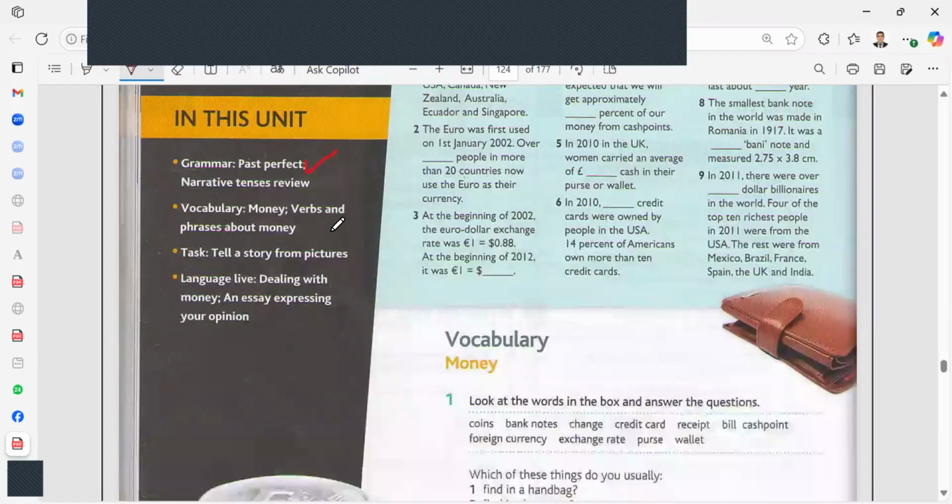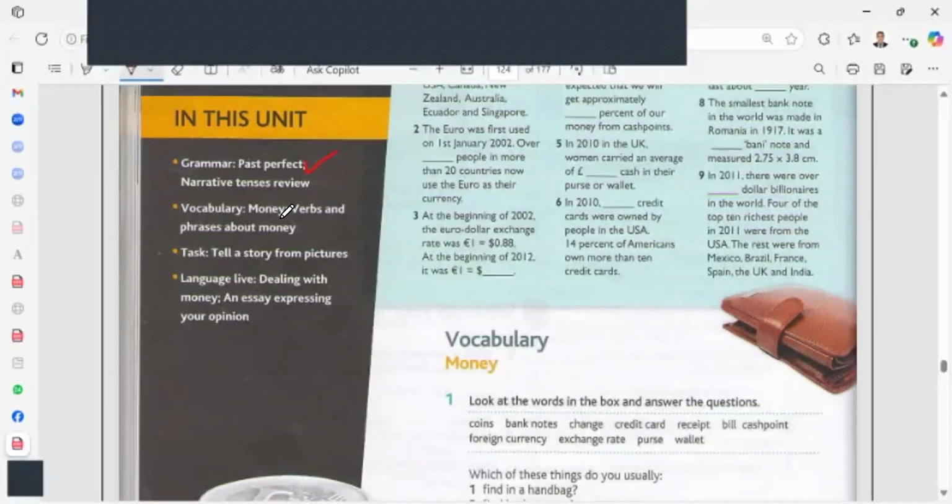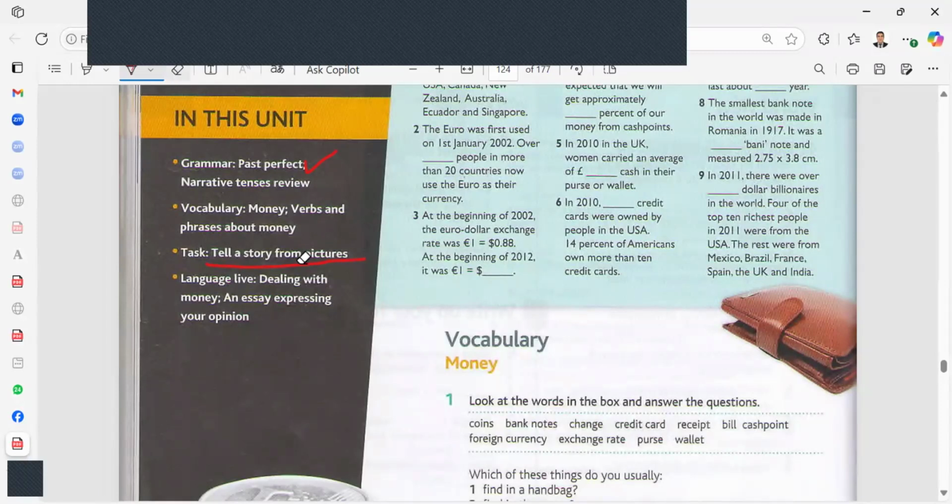For vocabulary, the focus here is money. So you should learn more vocabulary, phrases and structures, verbs, and phrases about money. Also, one of the most important objectives in Unit 14 is to tell a story from pictures, use pictures to write a story.